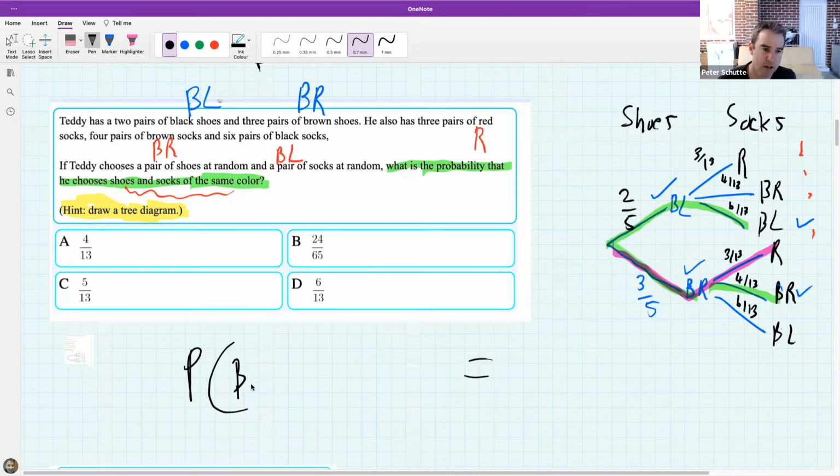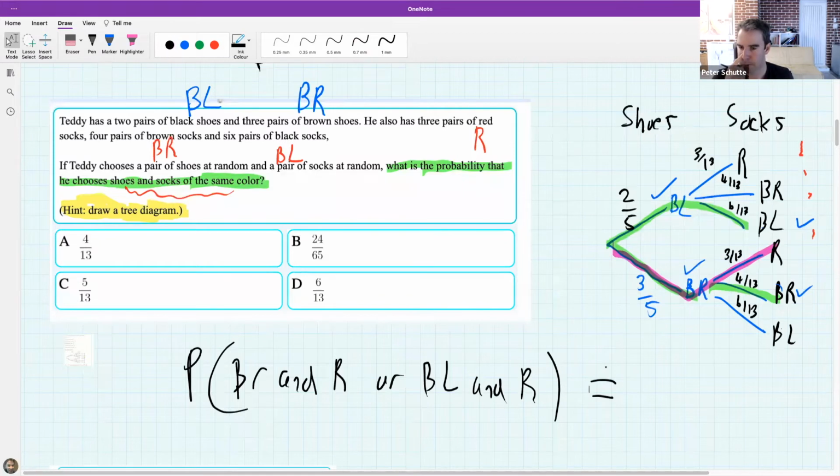The probability of brown and red, or brown, black and red. That's what I meant to say. Do you understand how I've changed the question slightly?